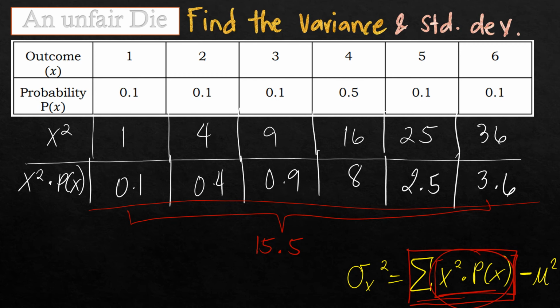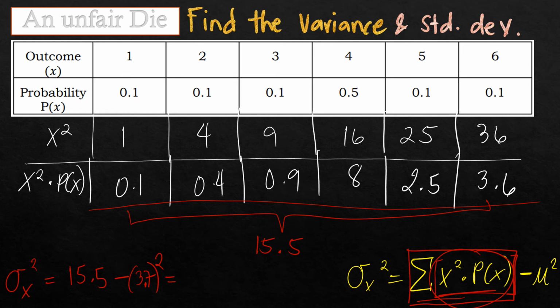And then from the formula, we subtract mu squared from 15.5. And we know that our mu earlier is equal to 3.7, so 3.7 squared is 13.69.